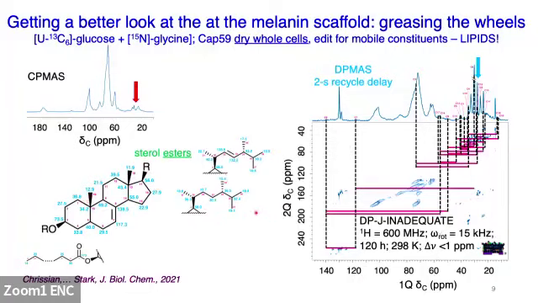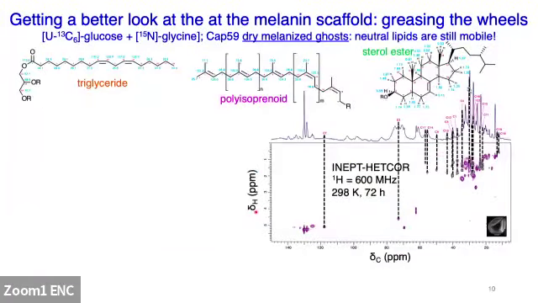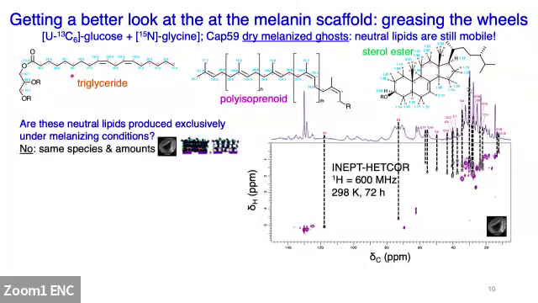Furthermore, we can complement that experiment by doing, again, a liquid-like preparation combined with a heteronuclear correlation, proton-carbon through space in this case. Between the two, we can establish that we have not only the sterol esters, but we have these polyisoprenoids and, dominantly, quantitatively, triglycerides. That's what we have in there.